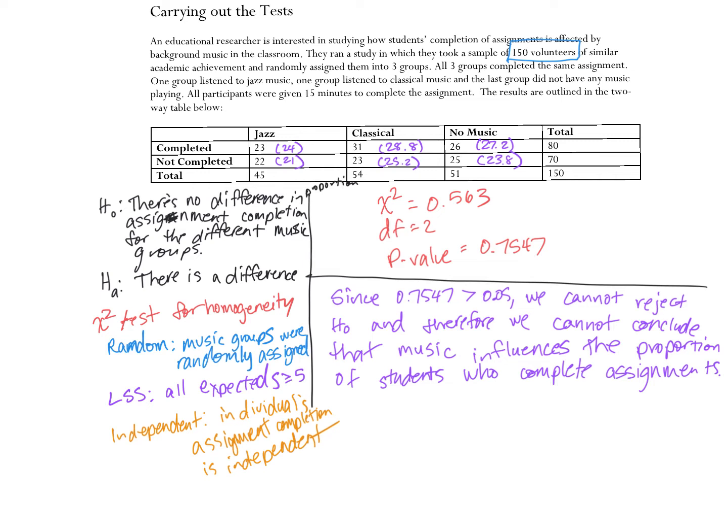It's going to be one of those two. So how is that different from a goodness of fit? That answer has to do with the number of variables, because we have 2 variables here. Goodness of fit only has 1 variable. And the two variables would be the music and whether they complete the task or not: the type of music listened to and whether or not it was completed.